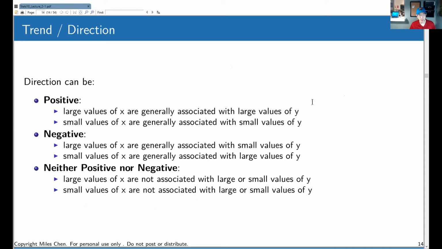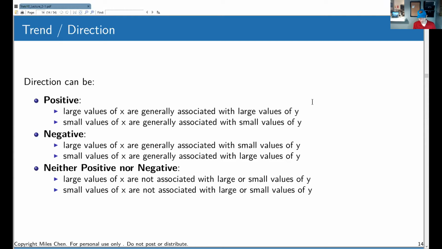And then we want to talk about trend and direction, okay? So as far as direction or trend goes, there's positive trend, there's negative trend, and then we have neither positive nor negative, okay? So if you have a positive trend, that means large values of x are generally associated with large values of y, and small values of x are associated with small values of y.